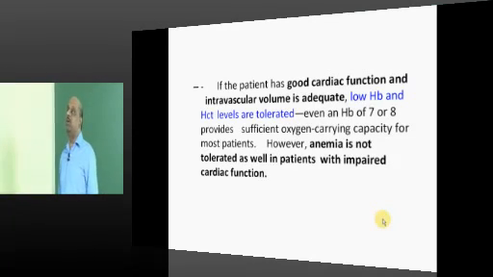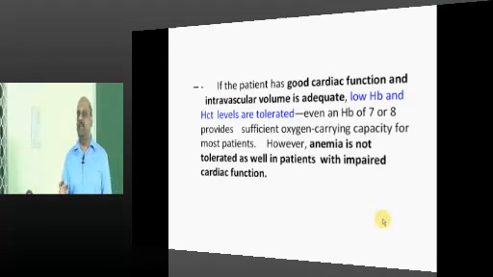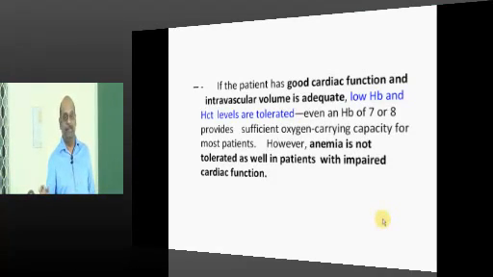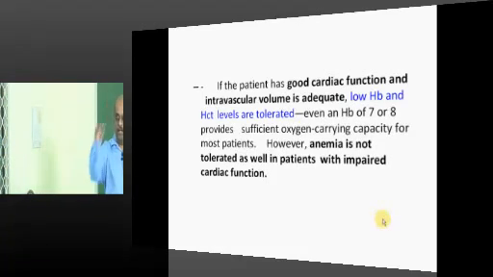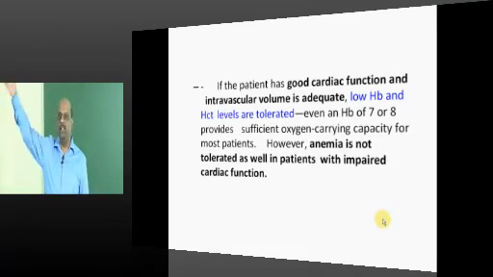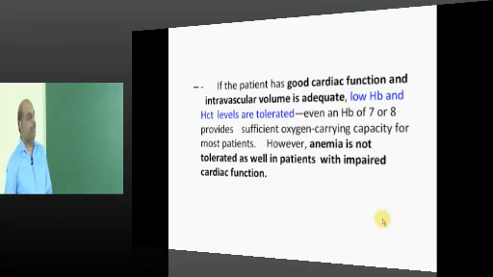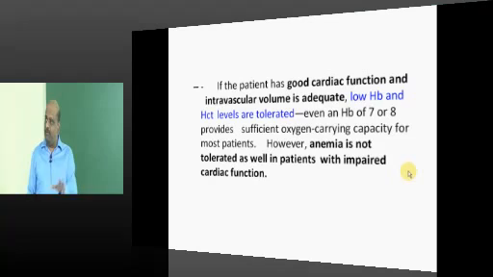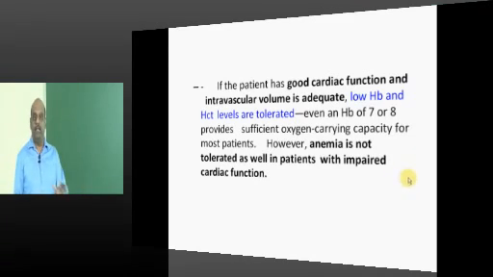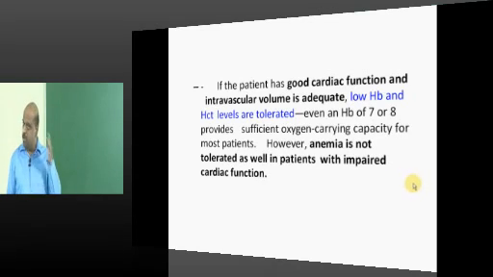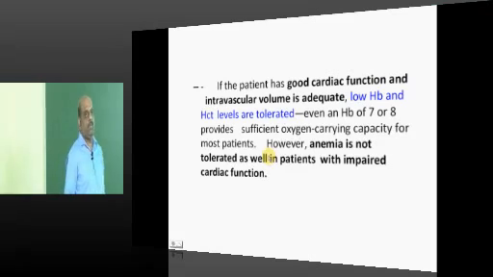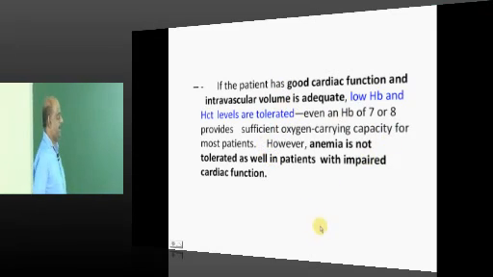So we are talking about realistic values released by a proper meter. Nowadays everything is automated. Take the sample, put it in that, you will get all indices. Now, if the patient has got a good cardiac function, if his intravascular volume is adequate, he is not hypovolemic, he did not suffer any significant hemorrhage, then the low HB and hematocrit are very well tolerated.